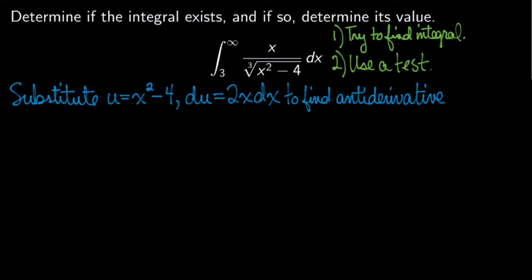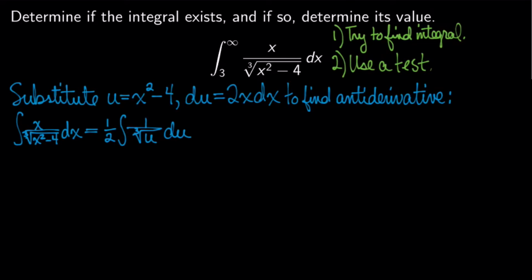To try to just find the integral and see what it's equal to, I'm going to do a substitution here. I have u equals x squared minus 4, so that du equals 2x dx. And then my integral is going to transform to 1/2 times the integral of 1 over the cube root of u.